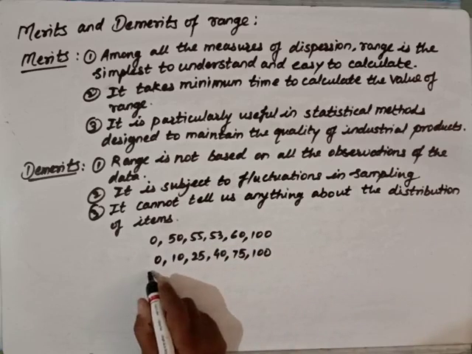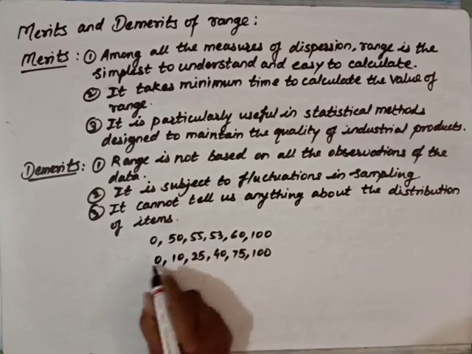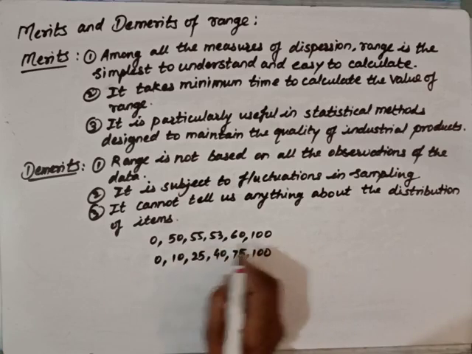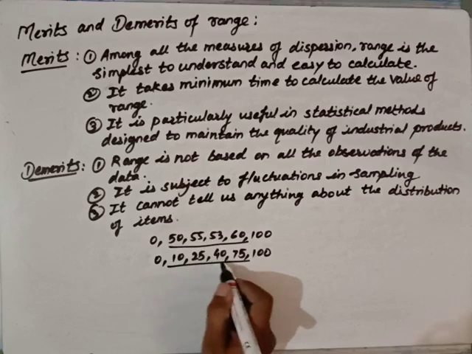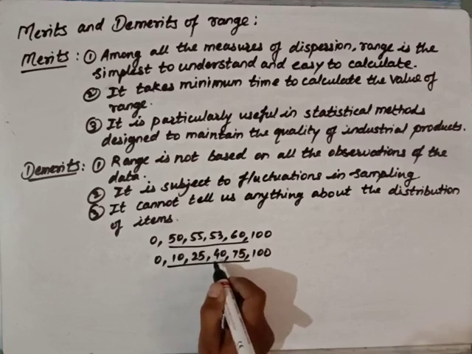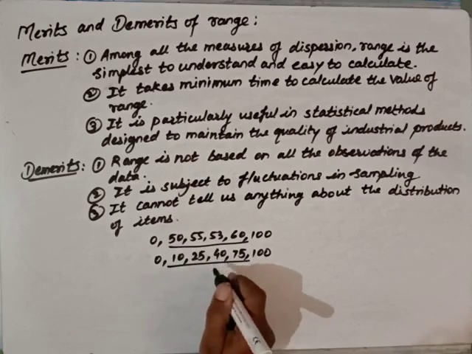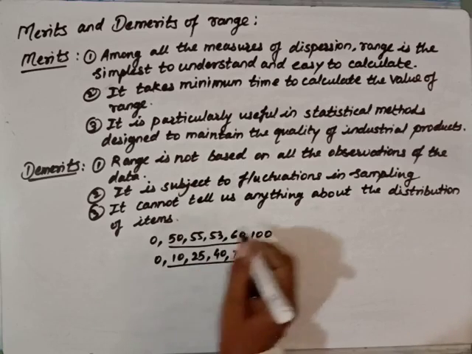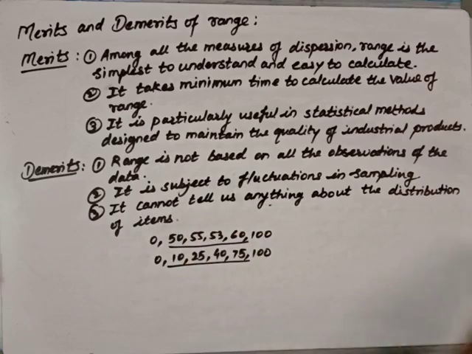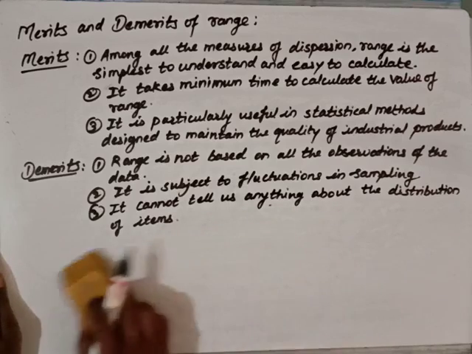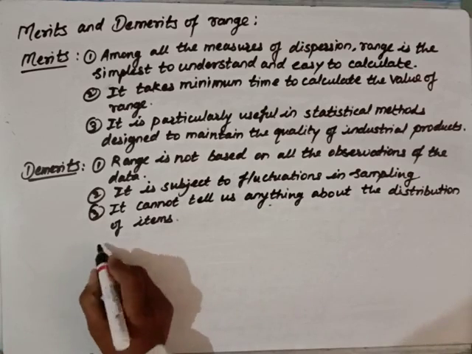Here also range is 100 minus 0 is 100. So the ranges are same. But what about the other observations? These are different. So here the variation pattern is different, still the range is same. So it cannot tell us about the distribution of items. We are unable to determine that from this.